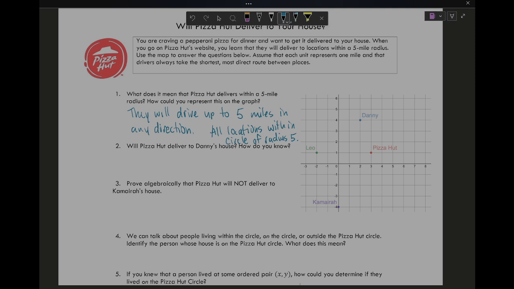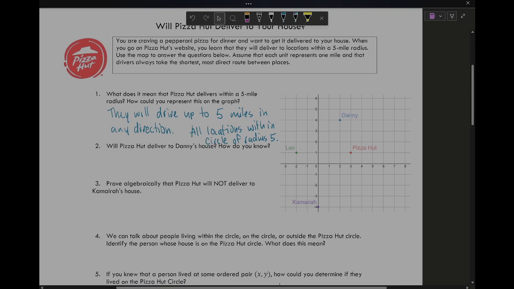Okay, will Pizza Hut deliver to Danny's house? So how would we find the distance to Danny's house? Well, we can use the distance formula. So basically 3 squared plus 1 squared equals d squared.